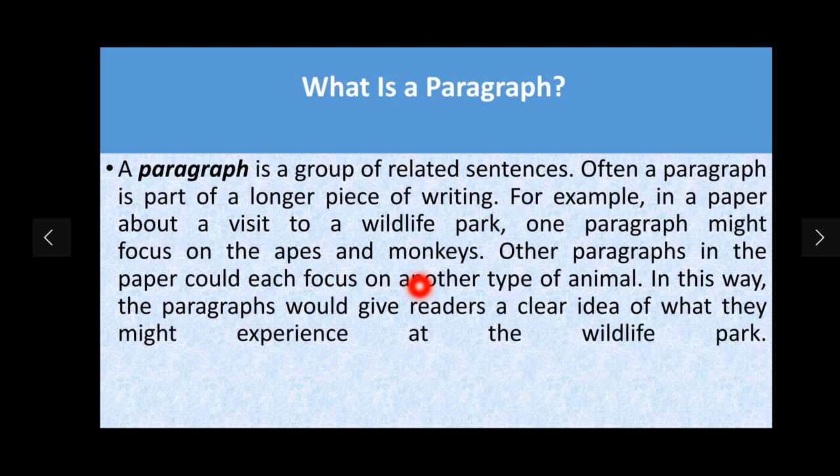In the same way, in a text we have, for example, 10 paragraphs or 15 or 20 paragraphs. So all these paragraphs must also be linked with each other. As one sentence is linked with another sentence, in the same way, one paragraph must be connected with the previous one. So in this way, a text will form coherence at large.